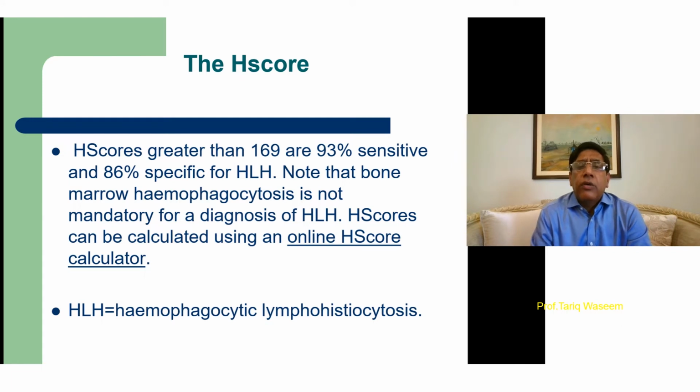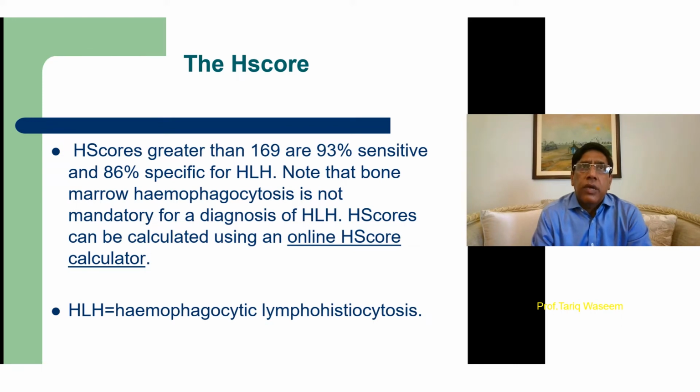So they calculated the H score, and those who had a score of more than 169 had a sensitivity to the tune of 93% and specificity of 86% that they were having an underlying HLH, or hemophagocytic lymphohistiocytic syndrome.